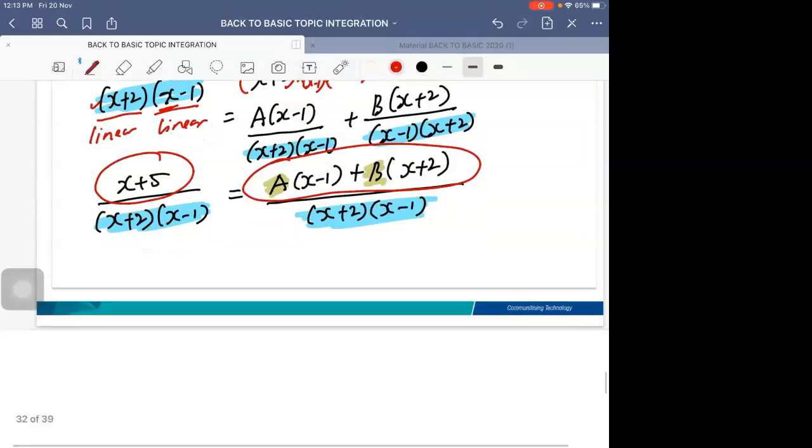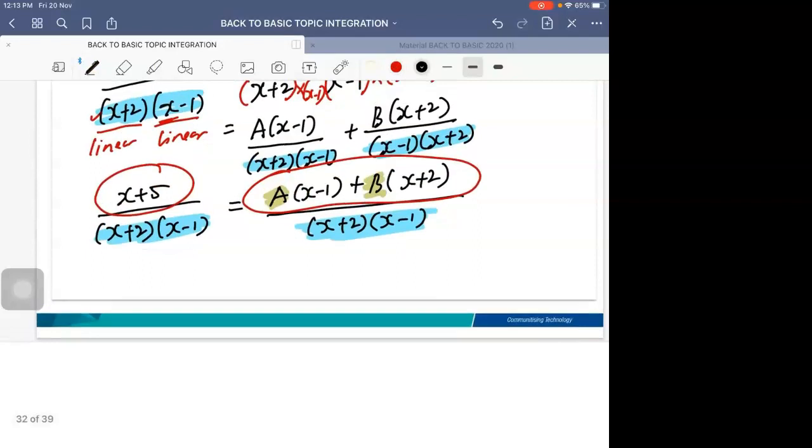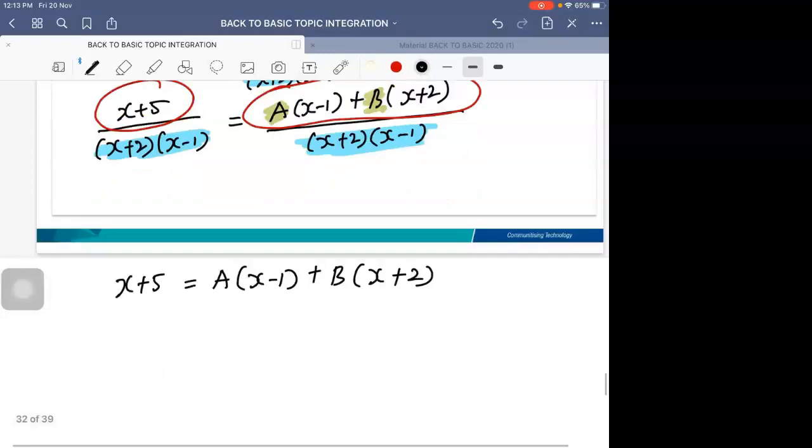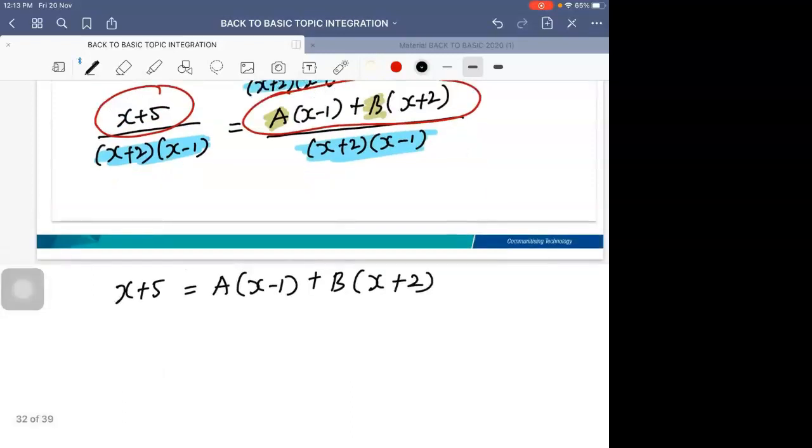From here I should have x plus 5 equal to a times x minus 1 plus b times x plus 2. Special for linear factor, in order to solve, we let the value of x be such that the substitution becomes 0.